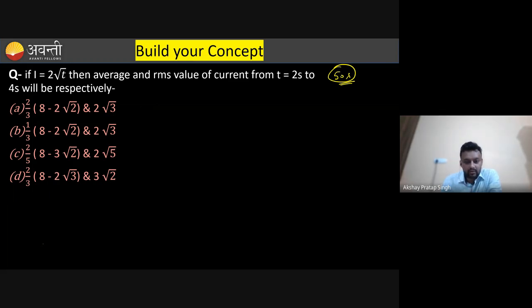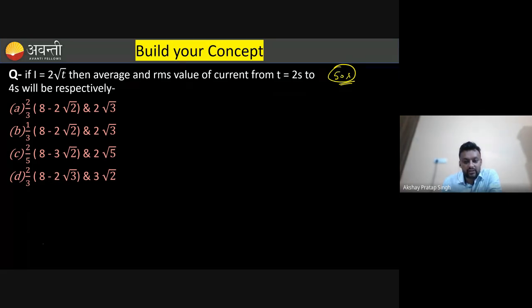Rashid, Rajesh, Roshna, what is the name? Lokesh, 2 root 3.